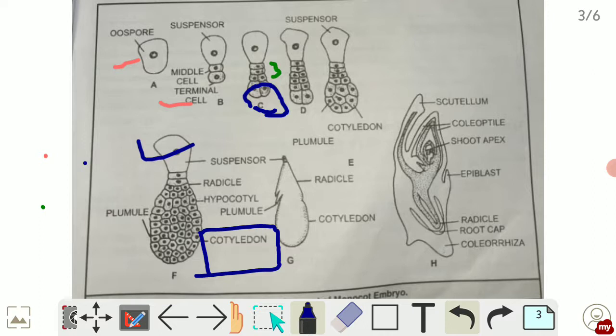So what is the radicle and plumule? Plumule means the shoot develops from this position, and radicle means the root develops from this position. Plumule means shoot developed, radicle means root developed.